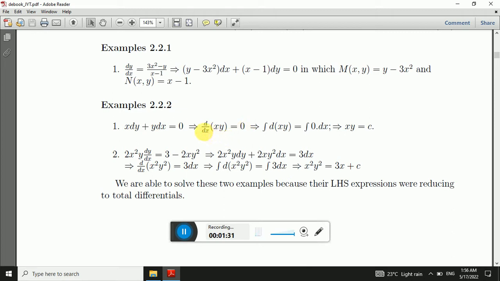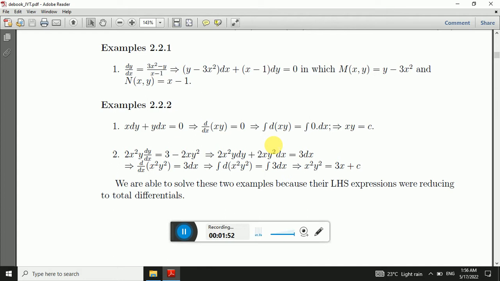Then when you cross multiply both sides, you remain with d(xy) equaling to 0 dx. And when you integrate both sides, because whenever you have d of x and you integrate it, you always remain with x.